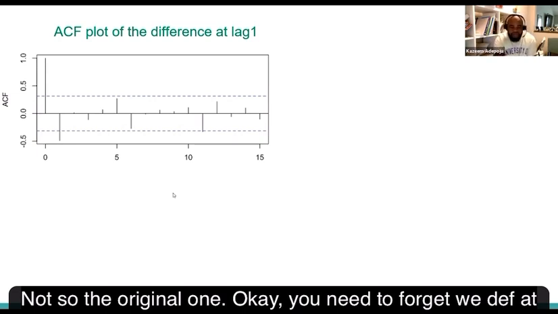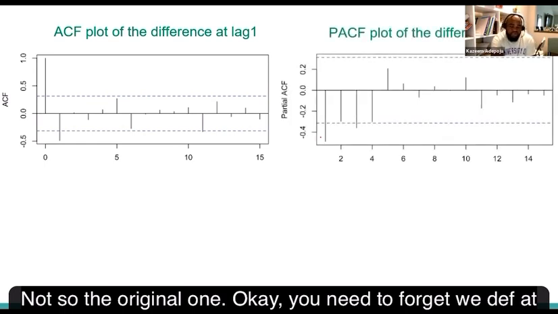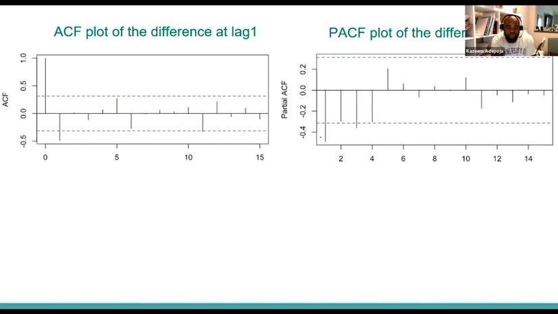When we generate the autocorrelation function plot, we also generate the partial autocorrelation function plot. If you take a look at what I have now, I got plots that are kind of suggesting more than one model. I'm going to tell you this.